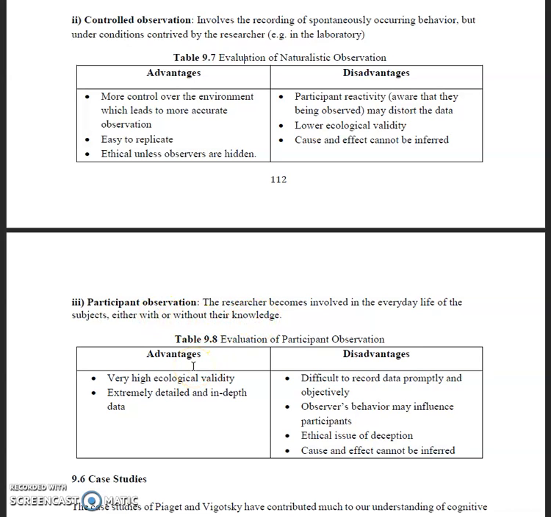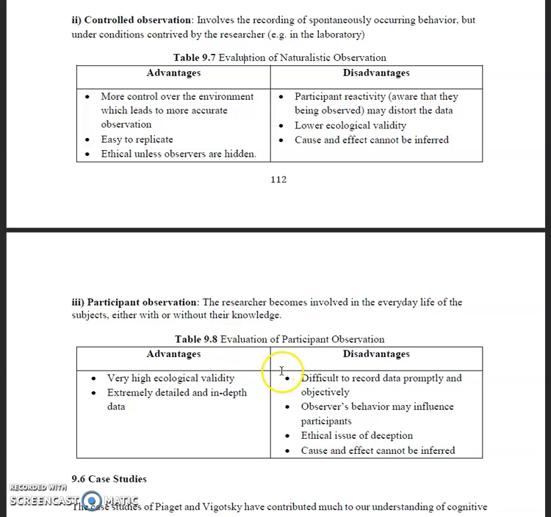So one of the advantages would be it has a very high ecological validity, because you are in the participant's natural environment, and it will be extremely detailed and in-depth data, because you are in the natural setting of the participant and you blend in. Okay, if it is without the knowledge of the participant, then they would not have noticed that you are observing them.